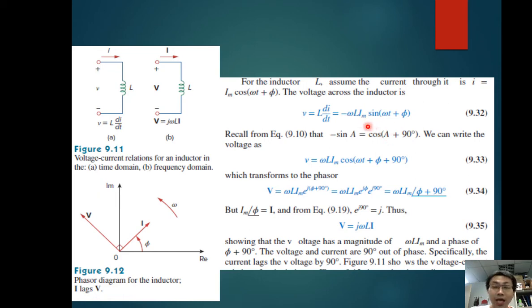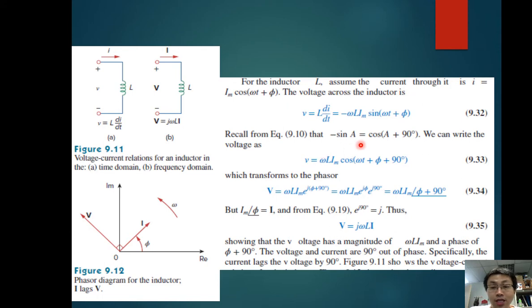How do we get this? Very easy, we differentiate with respect to time. So L, I copy. When I differentiate the cos, I have a negative, negative omega and sine. I copy the Im and then I copy omega t plus phi. So this is how we get this.